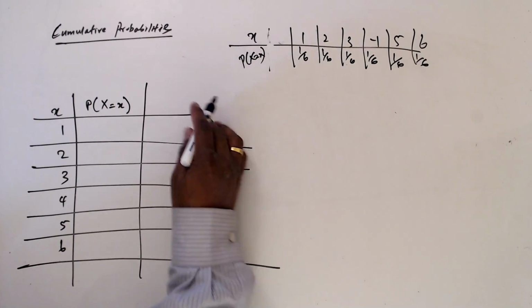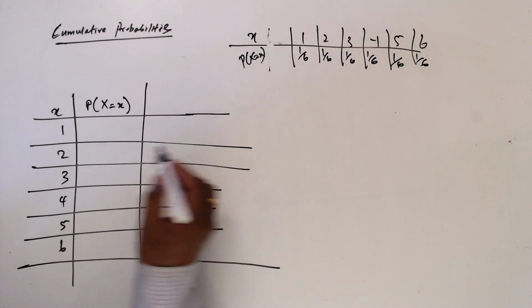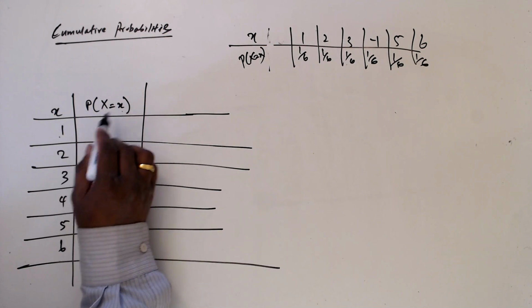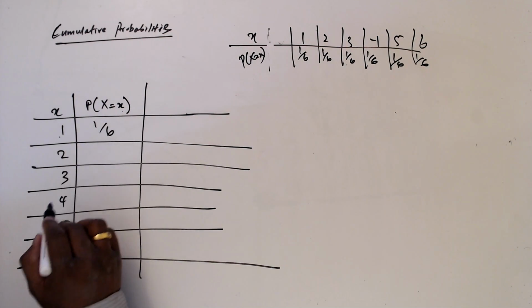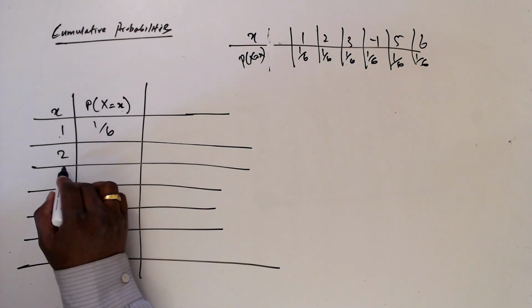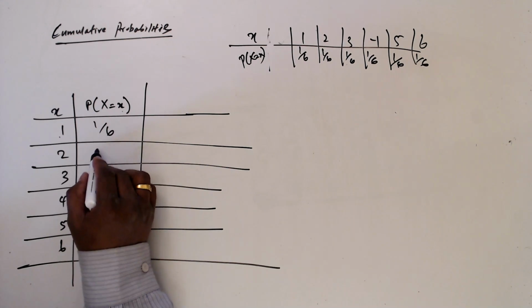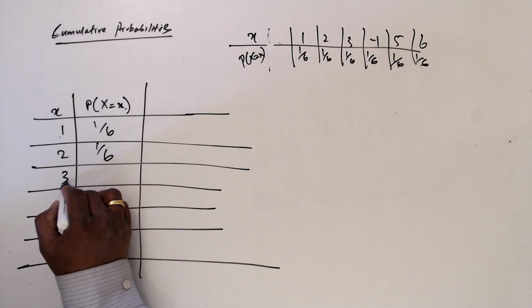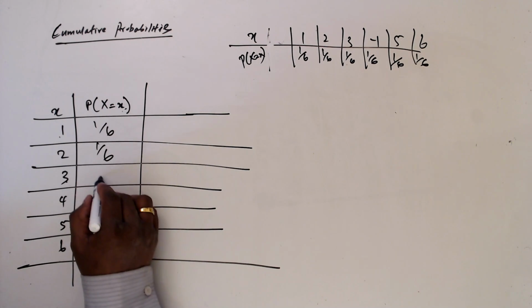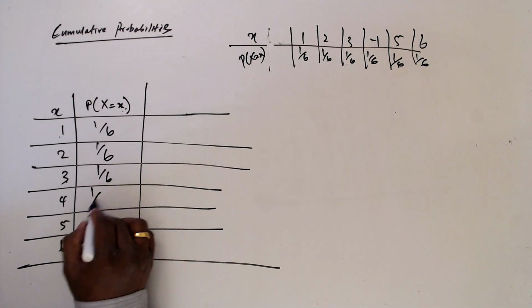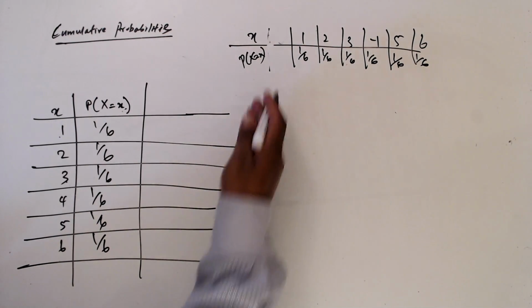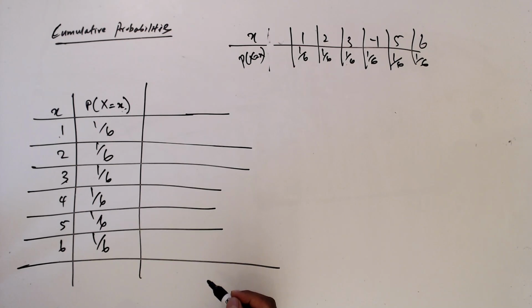Now we'll work out the cumulative one. When the x value is 1, this is 1 over 6. When the x value is 2, this is 1 over 6. When the x value becomes 3, this is again 1 over 6. They all are 1 over 6. I just wrote it across, horizontally and vertically.